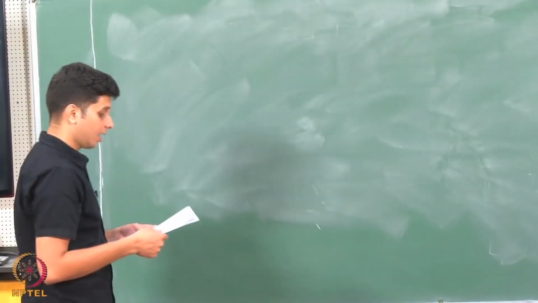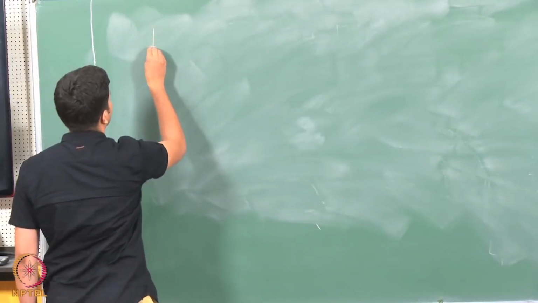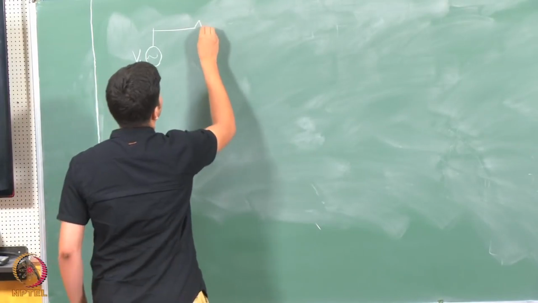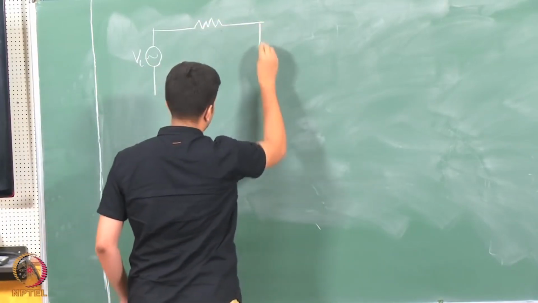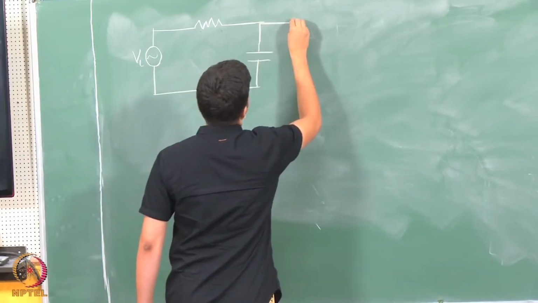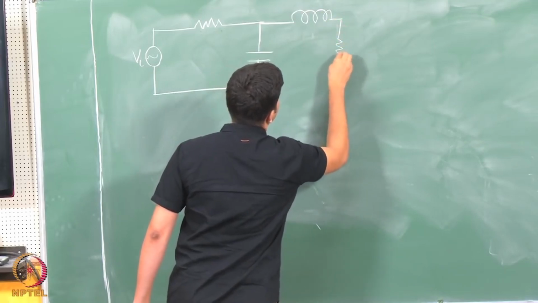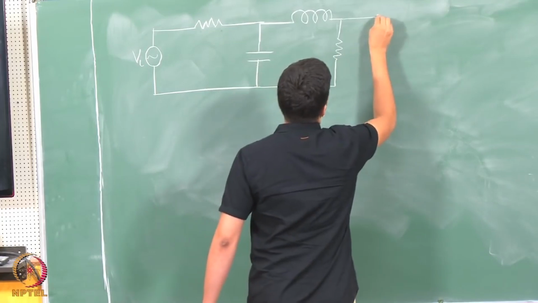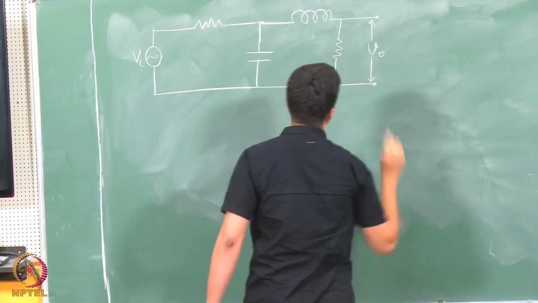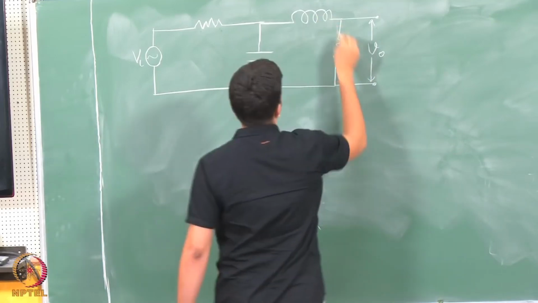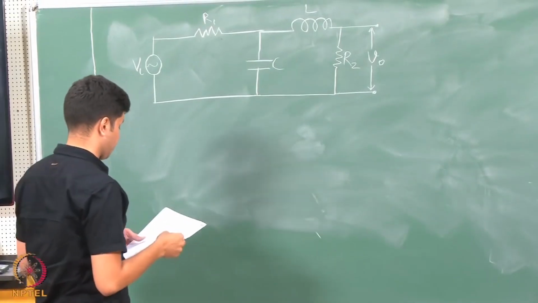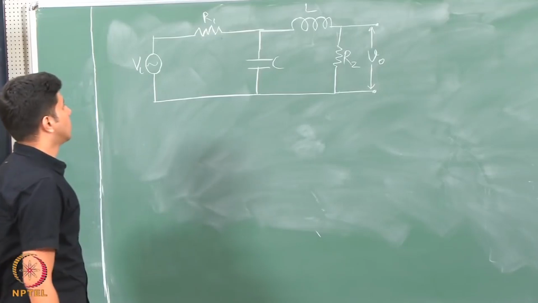So, I will take a network with some RLC components. So, this is the network that I am taking.